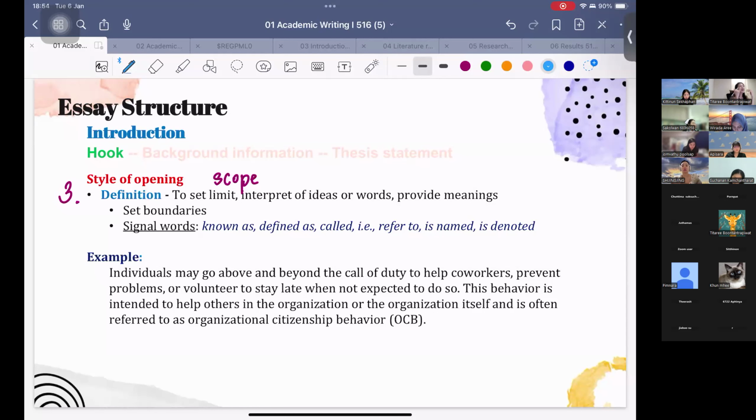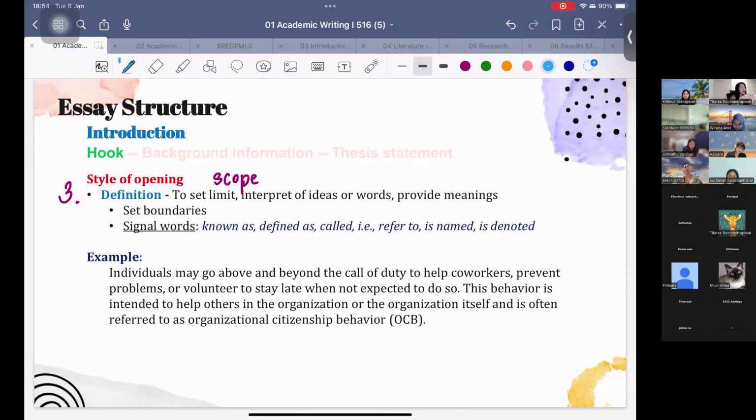Or some people might choose to start with the definition because the author feels that a lot of people know about this, but not exactly. Like the topic of GMO, genetically modified food. Some people know about it, but not exactly clearly.